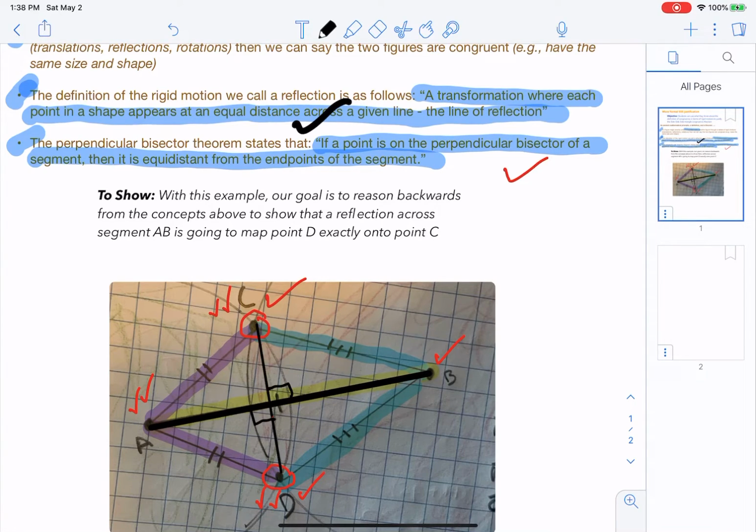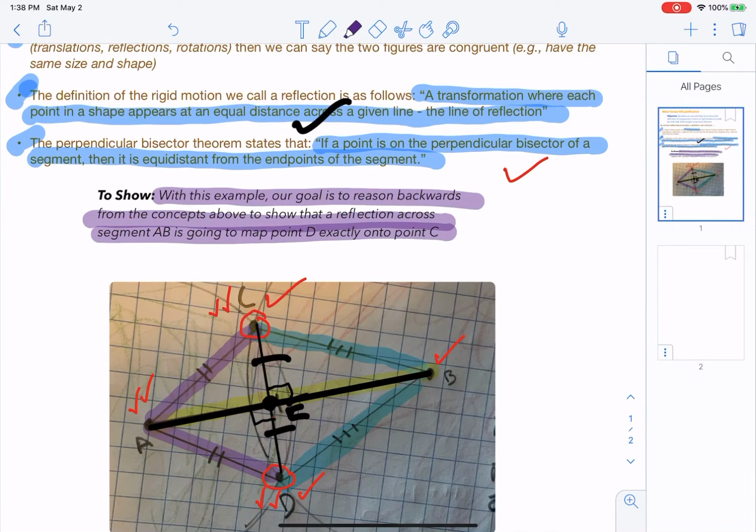Because AB is the perpendicular bisector of CD, then here's the center point, I'll mark it E. Segment DE is going to be the exact same length as segment CE, which means that if we were to fold the paper across line AB, point D would land exactly onto point C, which is our goal.